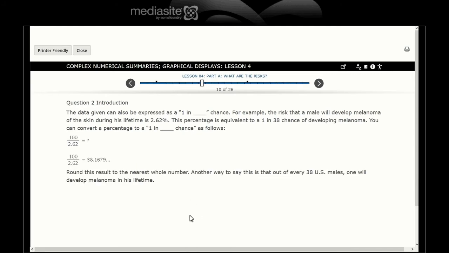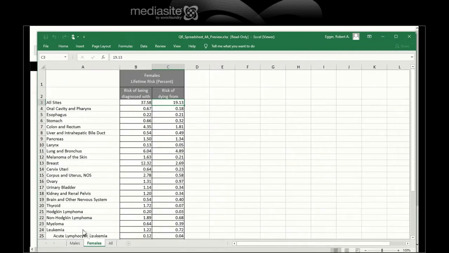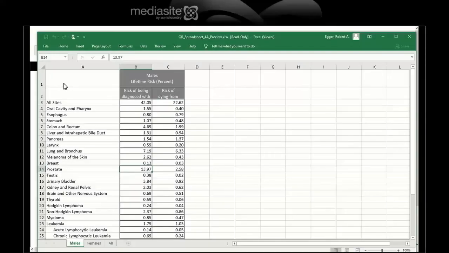Now it says data can be expressed as a 1 in some number chance. The example they give is that the risk a male will develop melanoma of the skin during his lifetime is 2.62%. Check that out: male melanoma, 2.62% risk of being diagnosed.